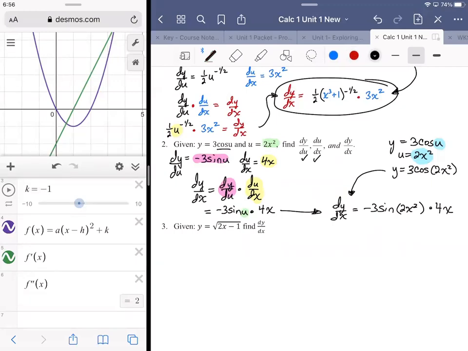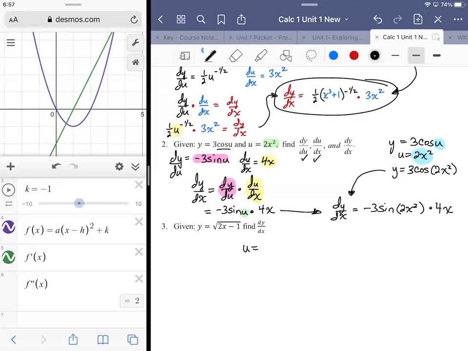So in number 3, y equals the square root of 2x minus 1, I'm going to decompose this by creating a variable u, and that variable u will represent the more complicated part of the expression that I'm given. What we want to have is really only simple functions.